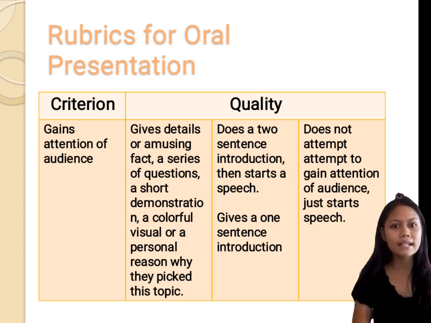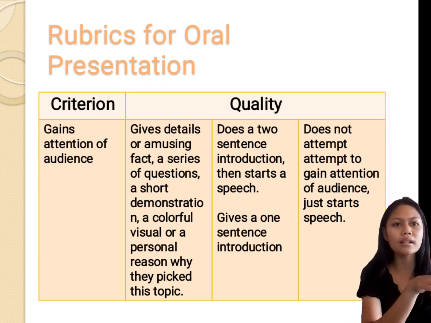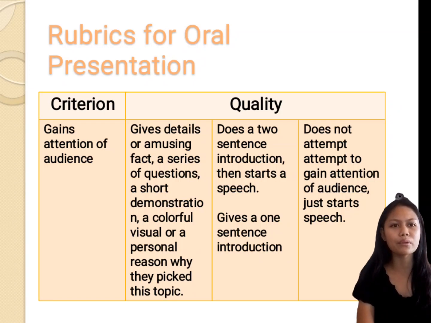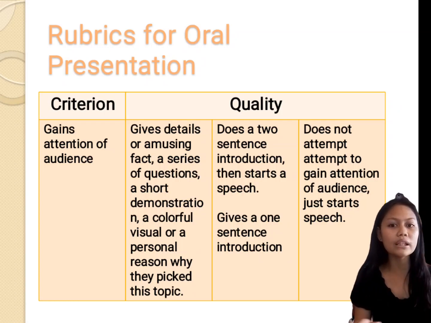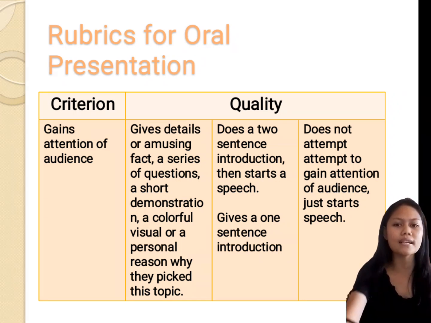The last one is when it does not reach the level of the standard. In order to have this kind of oral presentation, you do not attempt to gain the attention of the audience or you just start the speech. So you only give a boring speech or presentation, and you get that because you could not gain the audience.